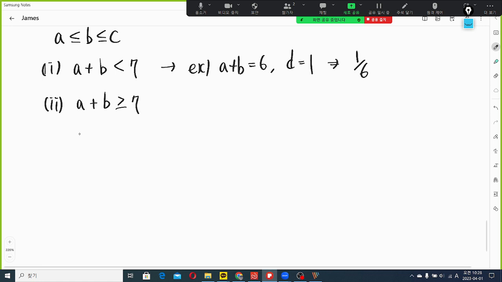So if we make the sum of A, B, and C equal to 7, these are the possible triples to make the sum of 7.